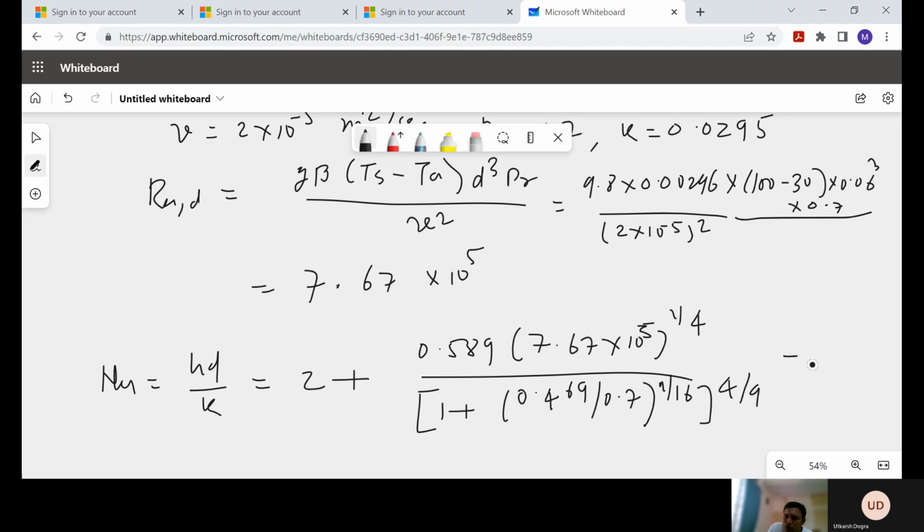So this comes around 15.4. This is the equation we have seen already for a spherical type of thing. If I go back, this is the same equation which we have seen in the forced convection. Let me just open that so that you will appreciate.